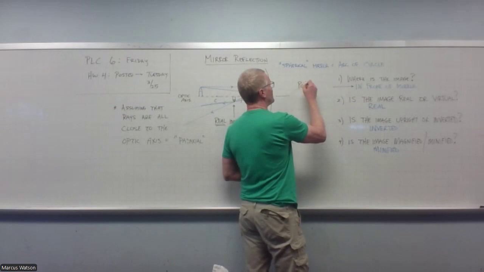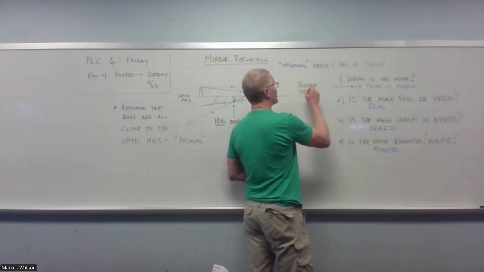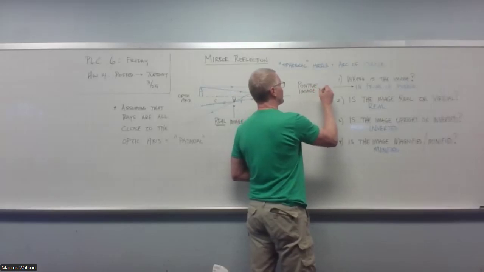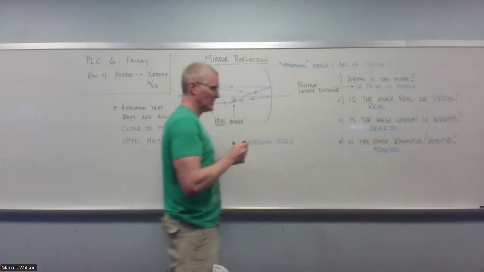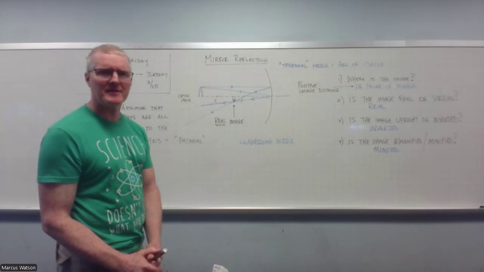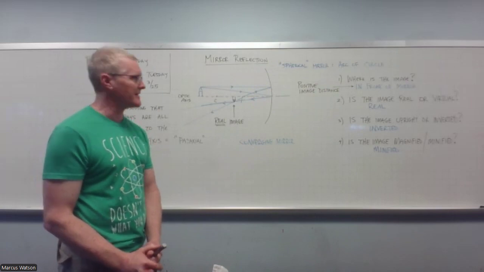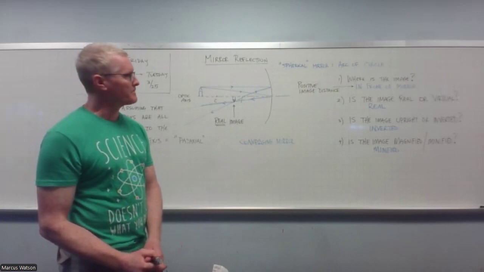If the object is in front of the mirror, this is called the positive image distance. Actually, is this negative, positive? Yeah, I believe I asked something about negative magnification, so we'll get to that in a minute. This is called positive image distance. Okay.